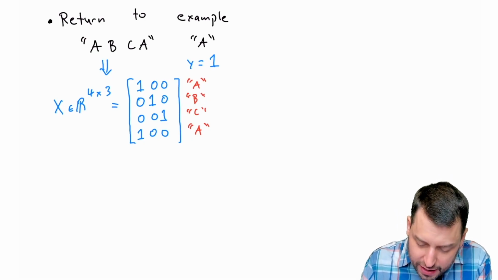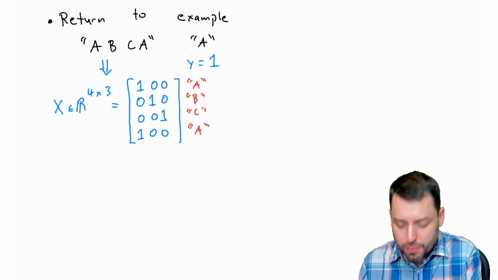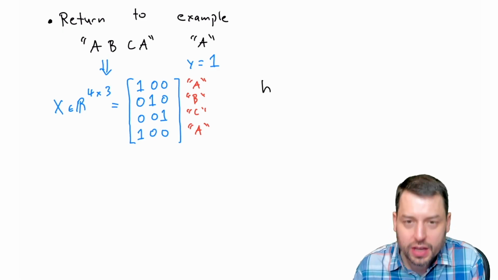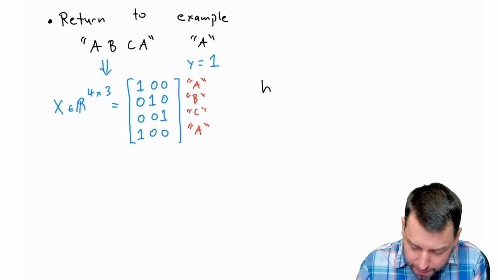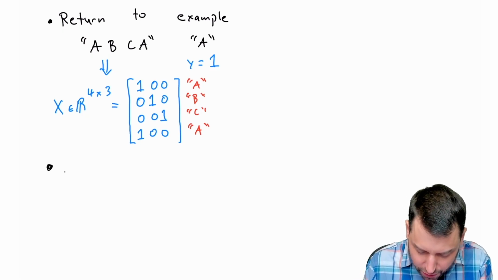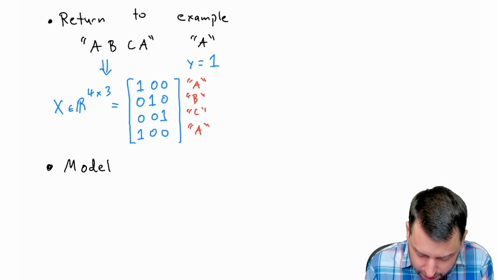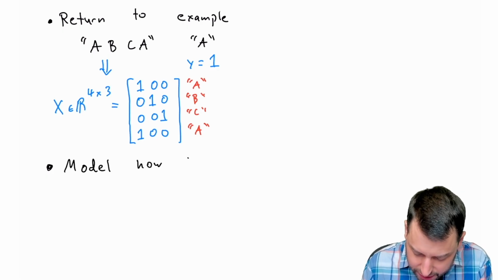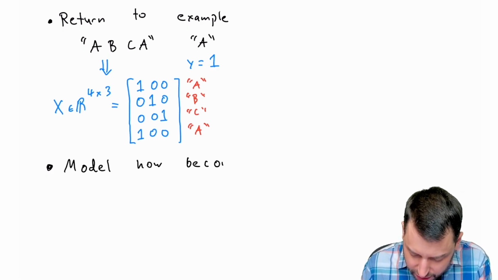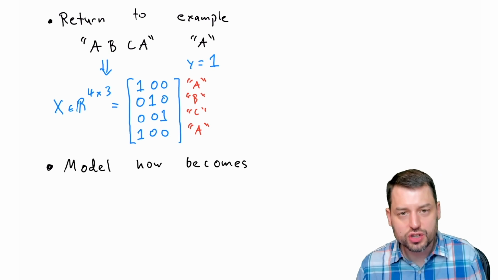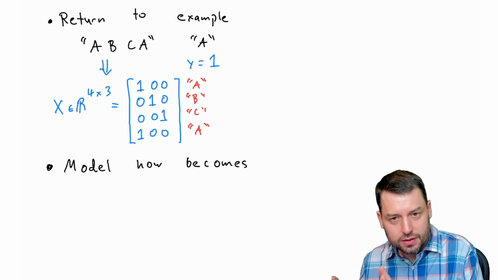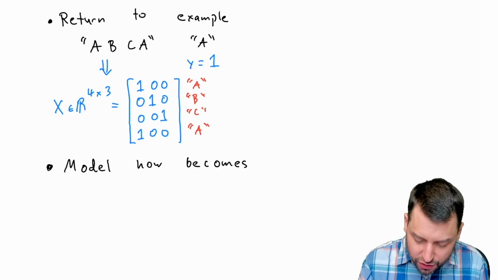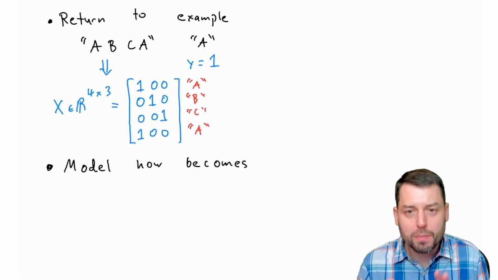All right, so what this means is that our machine learning model, our model h, is now going to be, actually let me write this down here. So our model now becomes not a function that maps inputs that are vectors to outputs, but inputs that are matrices to outputs.